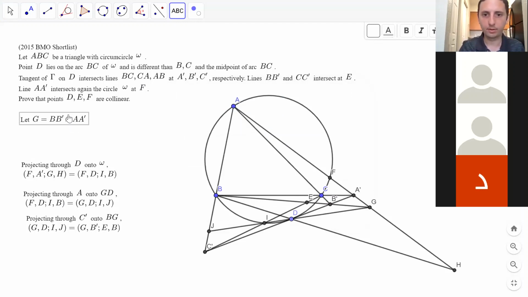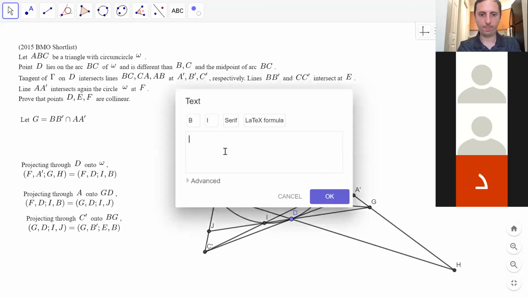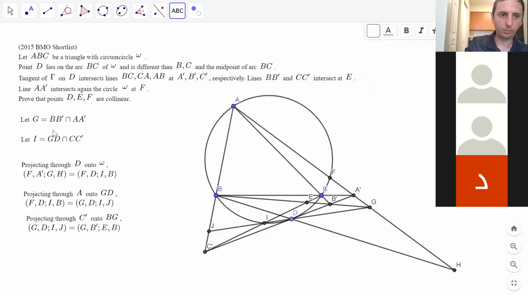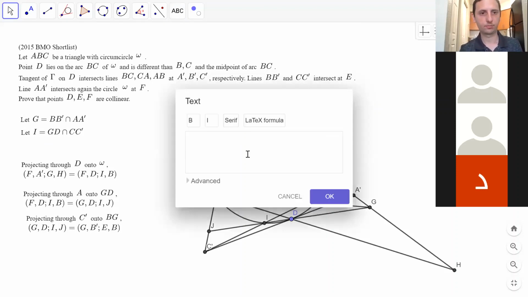And then let I equal GD intersect CC prime. And we want to, so we still need to prove, so need to show I lies on omega.